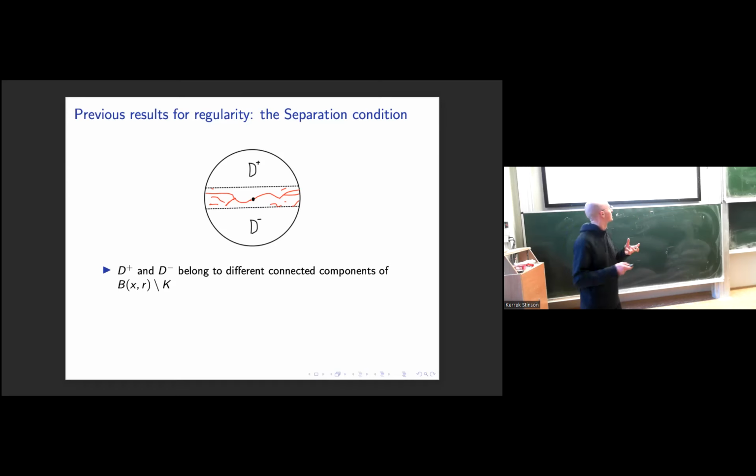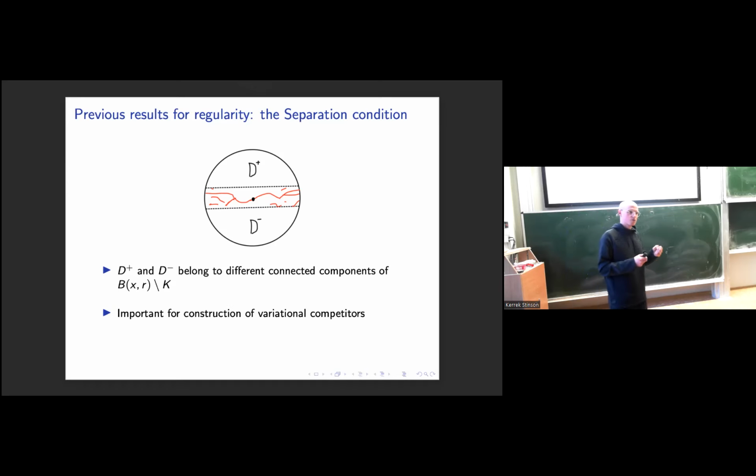If they aren't, if they're separated, it turns out this is very helpful because you can introduce variational competitors and get decay estimates. A lot of times when you're looking at a minimizer and you want to obtain regularity of the surface, you need decay estimates for some associated quantities, and you will have to modify your minimizer on top and bottom.